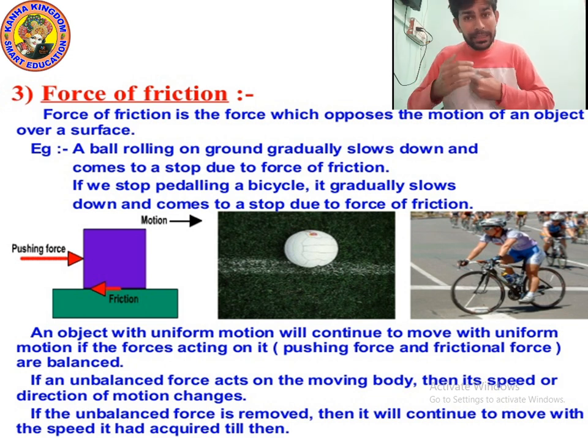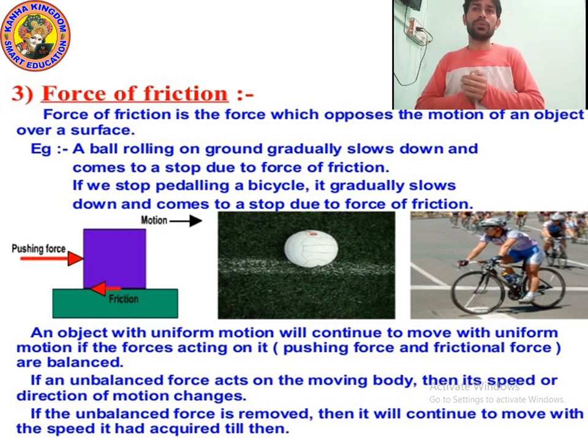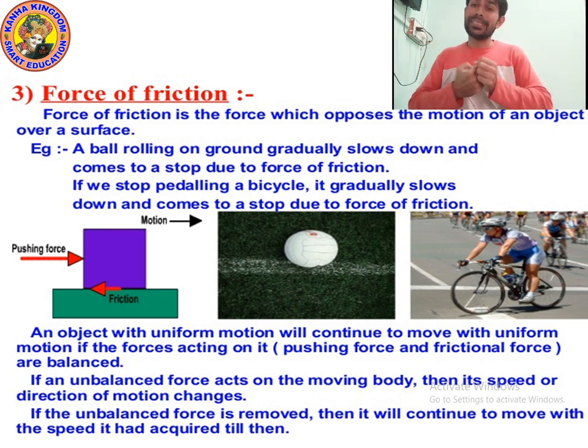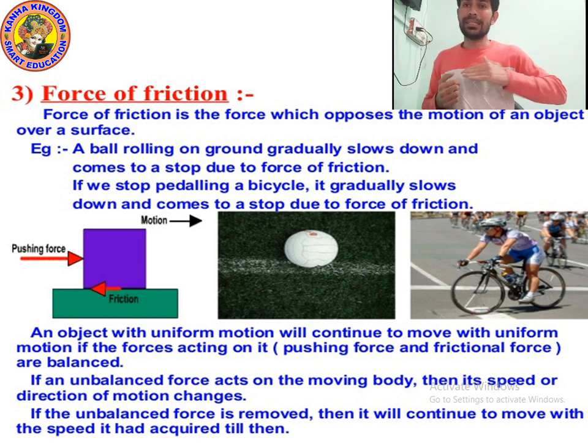Can you easily ride the bicycle in the soil? No, you cannot ride it easily. Why? Because when you are riding the bicycle forward, friction force is applying backward, because the soil is a rough surface. On a rough surface, friction force is always more. On a smooth surface, friction force is always less.